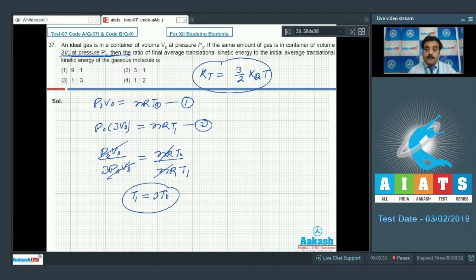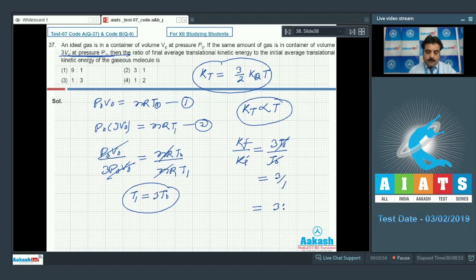By this formula we can observe translatory kinetic energy is directly proportional to the absolute temperature. So we can take the ratio final to initial: 3T0 over T0, T0 will cancel, so you have 3 upon 1. So the final ratio will be 3 is to 1, and my option number 2 will be the right choice.